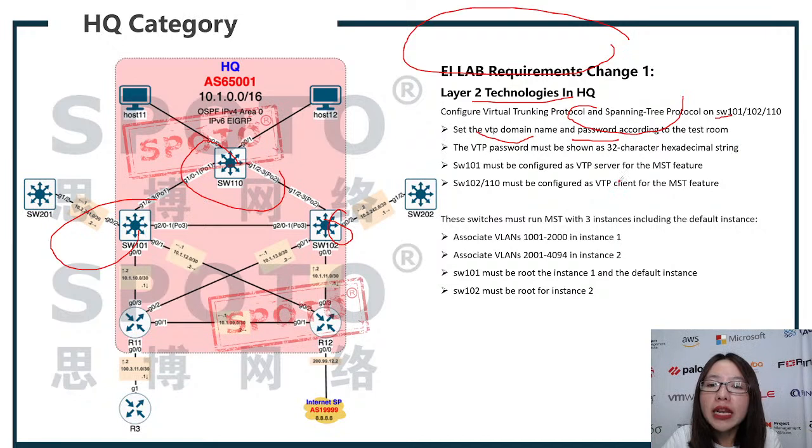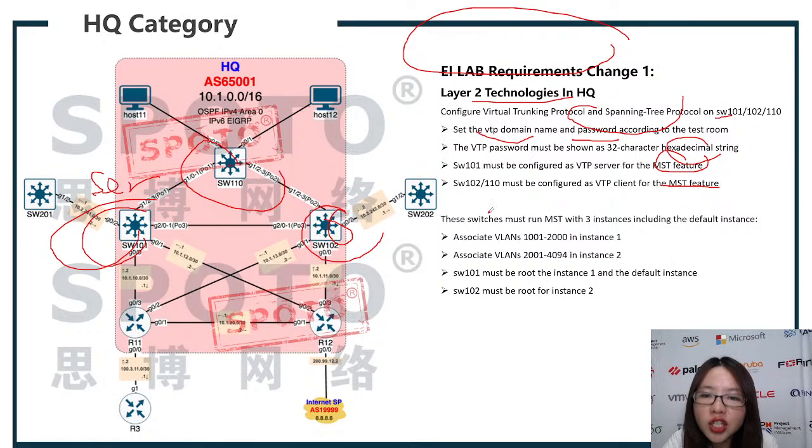Second, the VTP password must be shown as a 32-character hexadecimal string. Thirdly, switch 101 must be configured as a VTP server, and switch 102 must be configured as a VTP client.